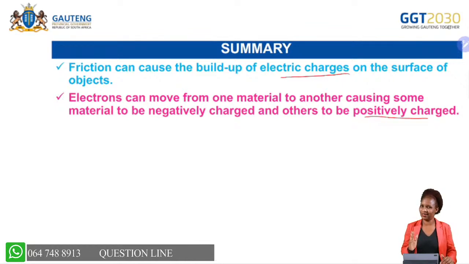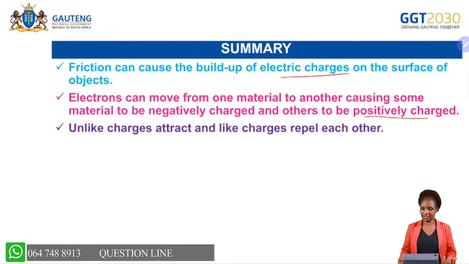Do you get that? They can be transferred. And if electrons are transferred from one material to the other, the same number of electrons that are moving from one material are the same number of electrons that the other material is going to receive. Do you get that? Good. And then let's move on.